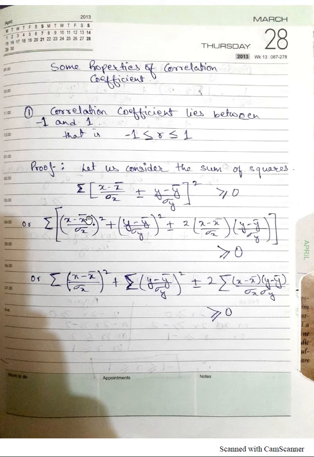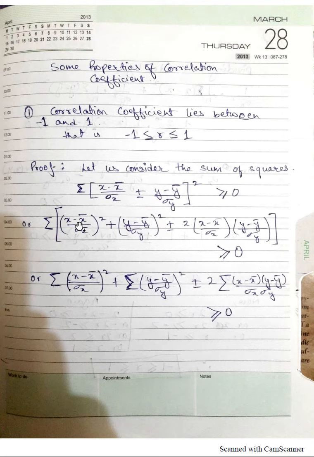So we can write it as summation of (x minus x bar divided by sigma x) whole square plus (y minus y bar divided by sigma y) whole square plus minus 2 (x minus x bar by sigma x) and (y minus y bar by sigma y), bracket closed, and this will again be greater than or equal to 0 from following this equation. We have changed nothing, we have just expanded it.